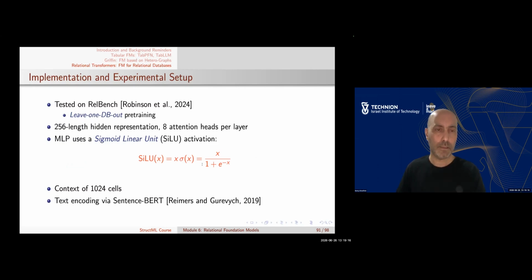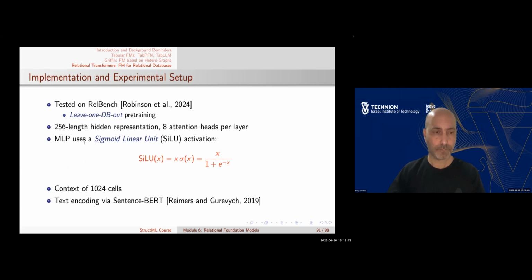Some details about the experiments. They tested on RelBench, leave one out, meaning every time you pre-train on all of the data sets but one and test on the remaining one. These are the details of the dimensions, 8 attention heads per layer, sorry.